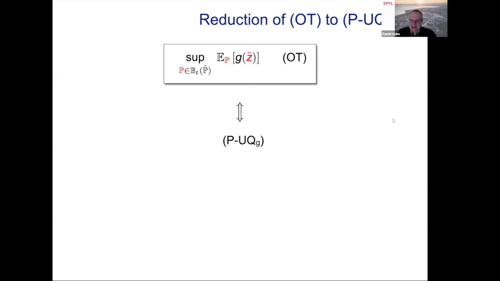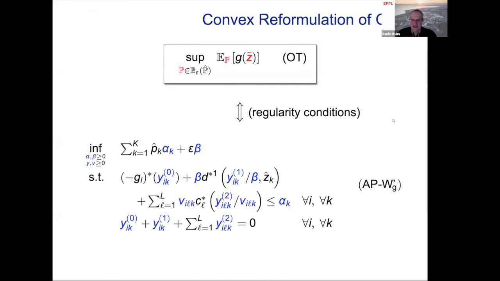And one can therefore show that the primal optimal transport-based uncertainty quantification problem is indeed an instance of the generalized uncertainty quantification problem that I just studied in the last part of the talk. Okay, so we just reduce it to that case.